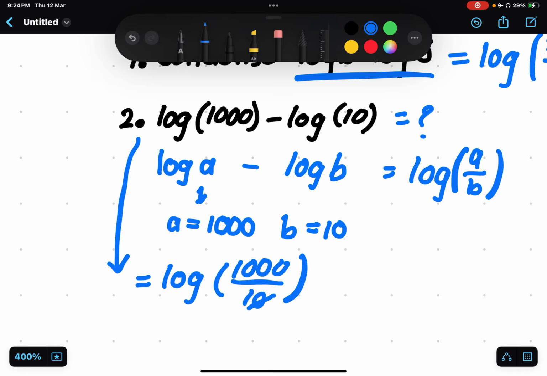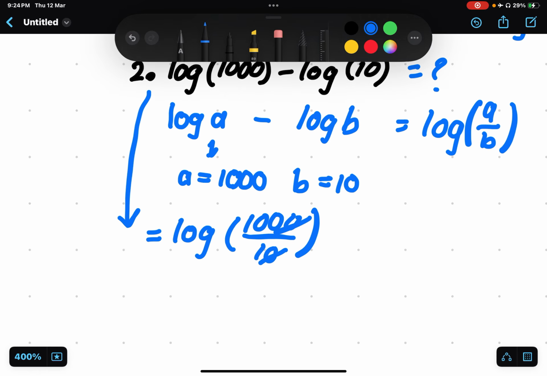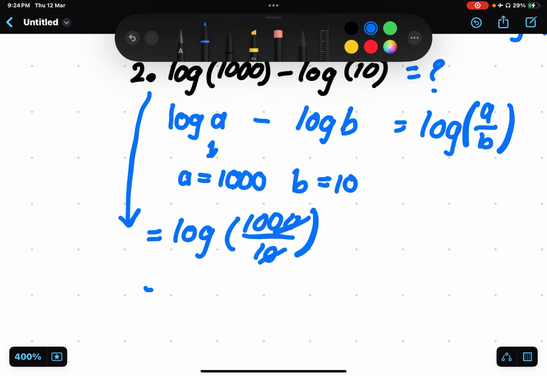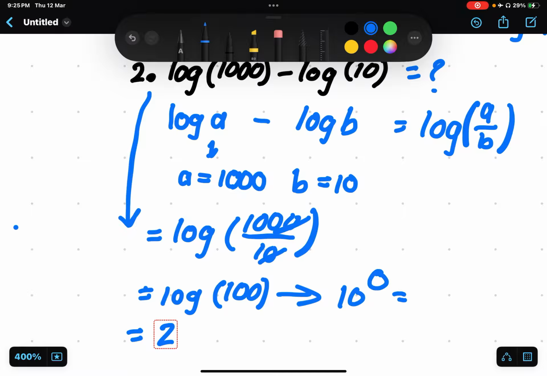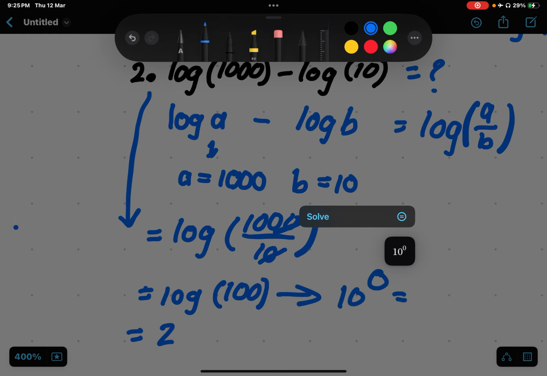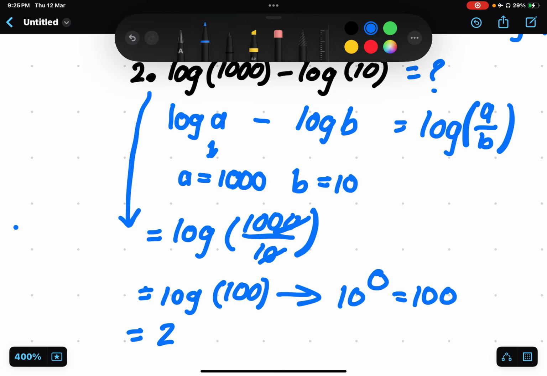And if we cancel out the zeros, we've got 100 over 1, which is equal to log 100, and that should be down here, is equal to 2. Because what number do we raise 10 to in order to get 100? We raise it by 2. Okay?